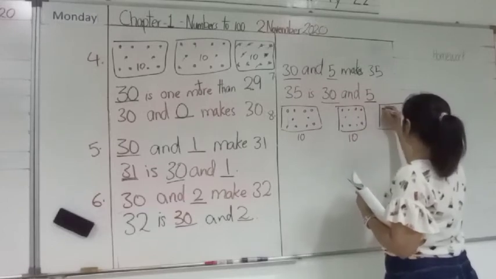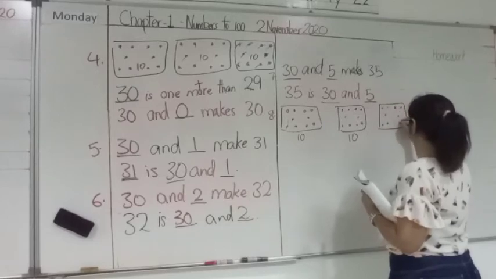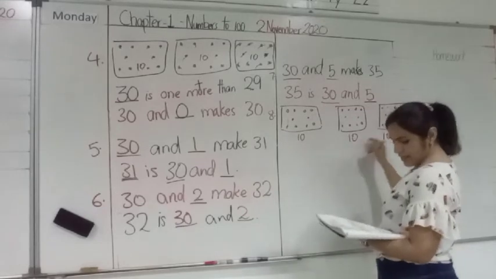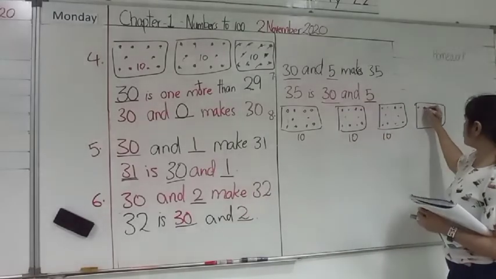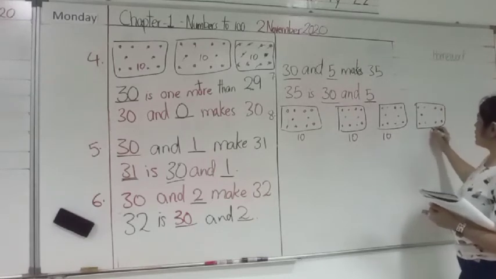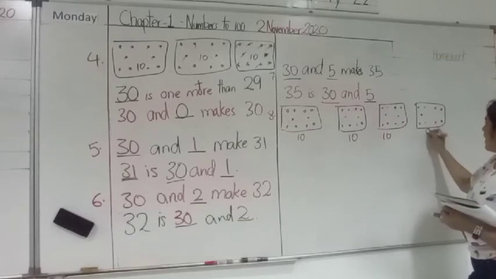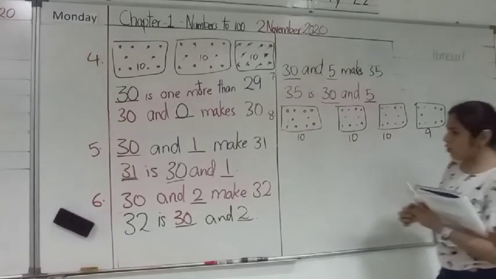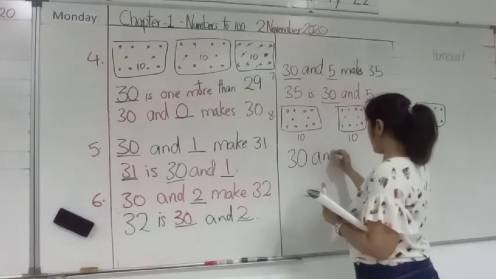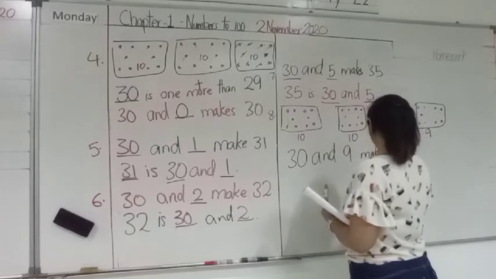This is 10. 1, 2, 3, 4, 5. 1, 2, 3, 4, 5. So this is 10. There are 3 tens. That is 30. 1, 2, 3, 4, 5. 1, 2, 3, 4. This is 9. 30 and 9. So you have 3 tens, that is 30, and 9 makes 39.